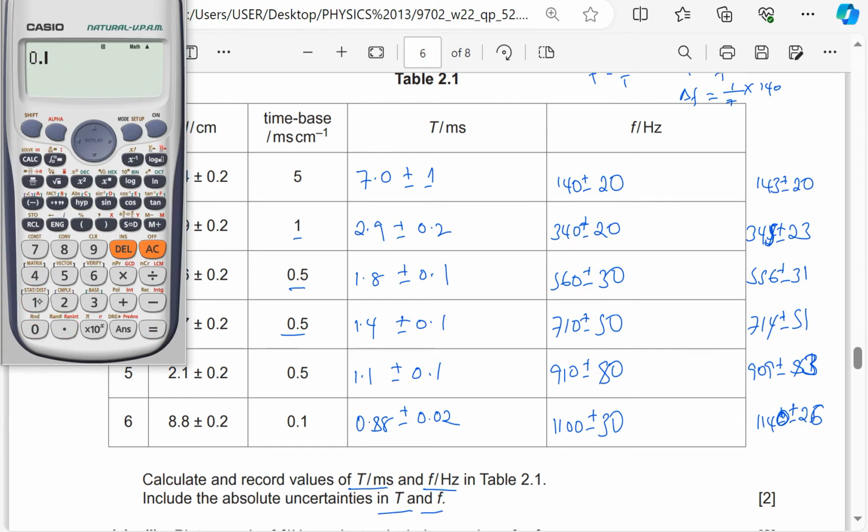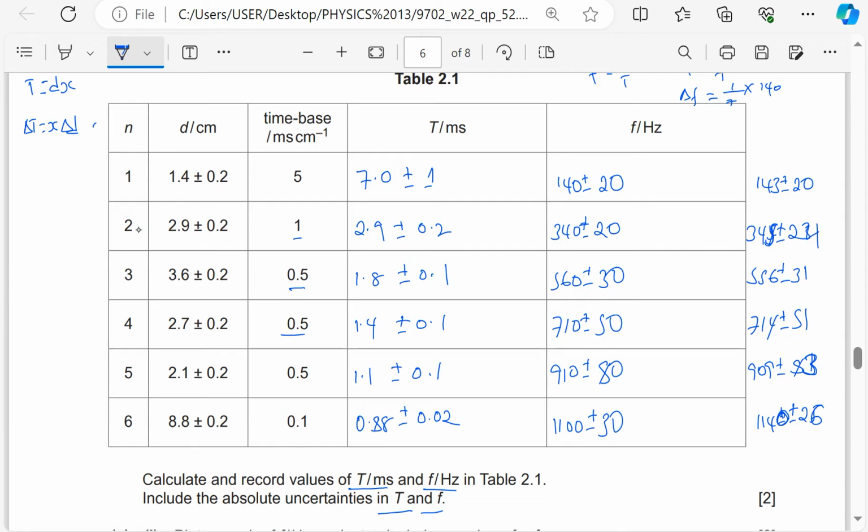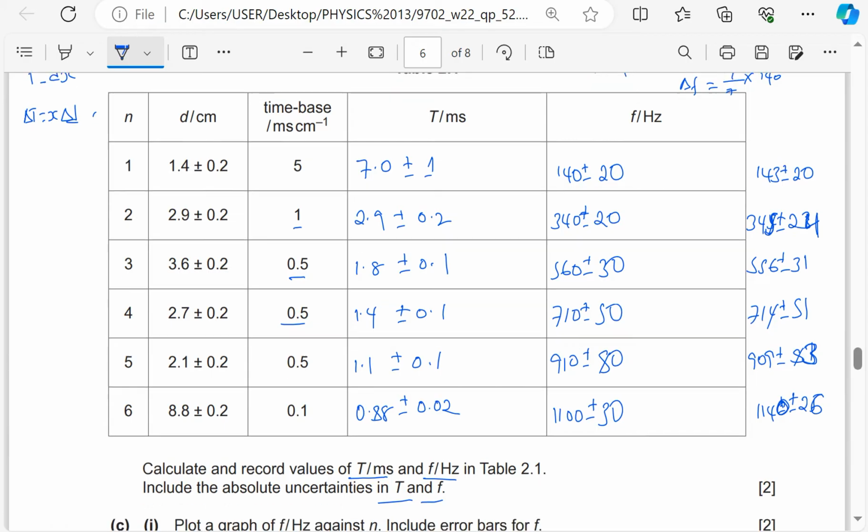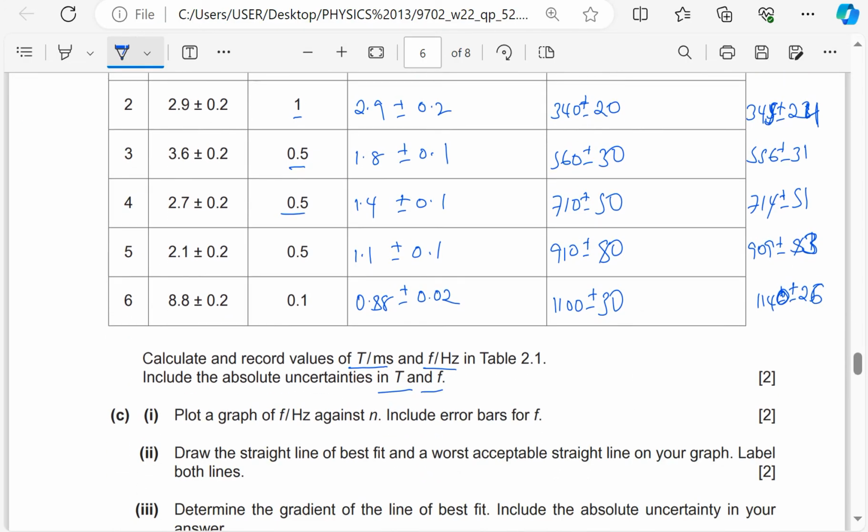The other one is 0.1 divided by 1.8 times 556. That's 31. The other one is 0.2 divided by 2.9 times 345. This is 24. Okay, so that is just checking the other uncertainties, but I'm not going to plot them. So I'll plot these ones because they are easy. Uncertainties are good enough to one significant figure.